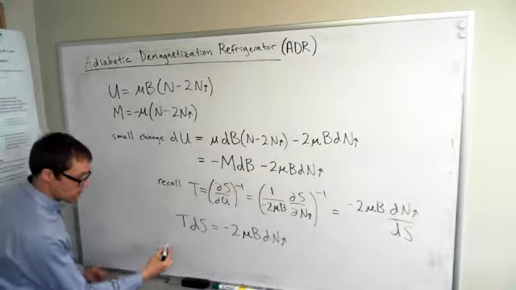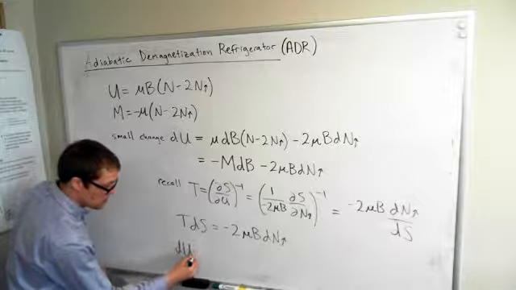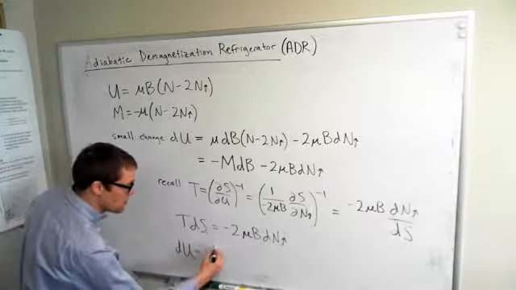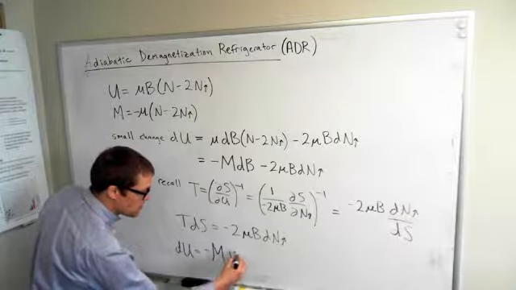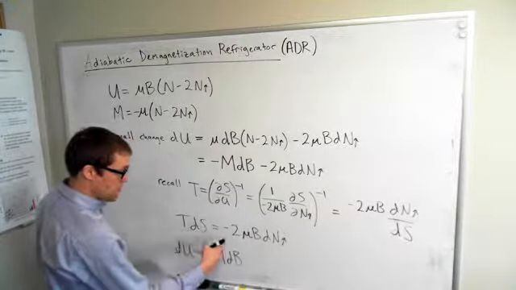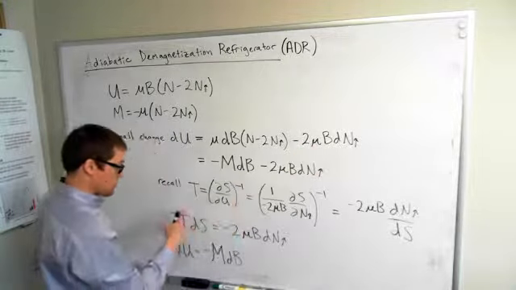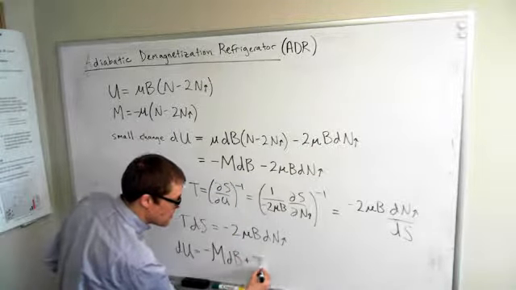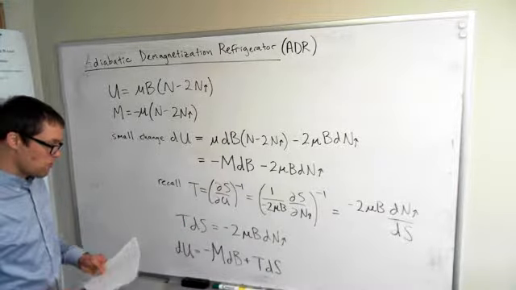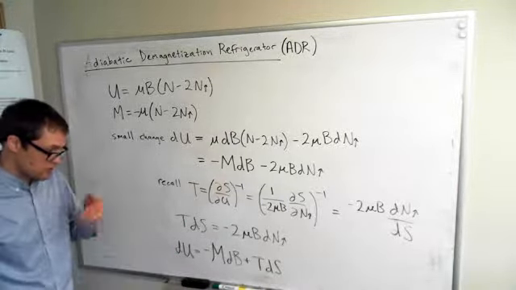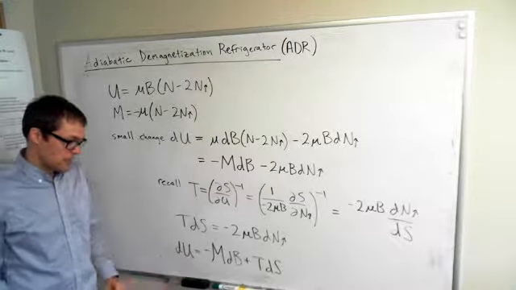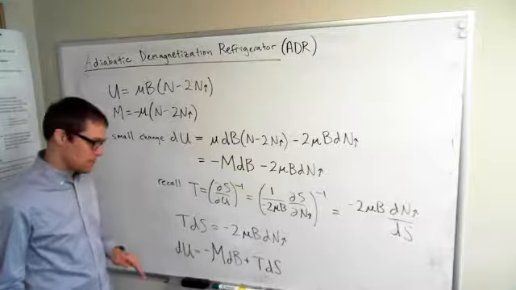Therefore, we can now say that a small change in energy for this paramagnet is minus magnetization times some small change in B, and then we have this term, which is plus T dS. And what we've got here, and we're going to use this eventually to understand the ADR, is basically like a thermodynamic identity for the two-state system.